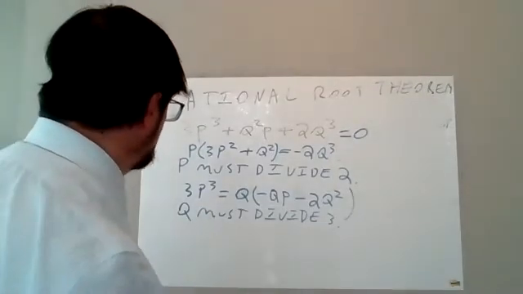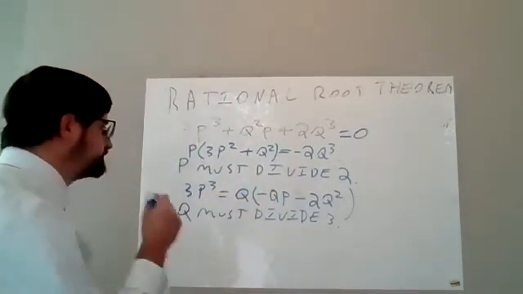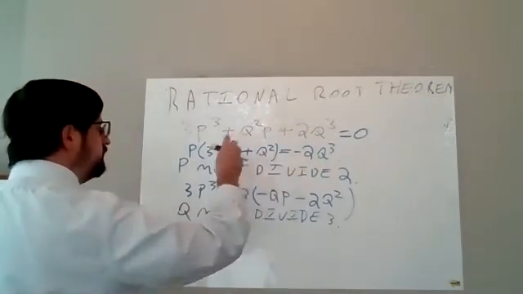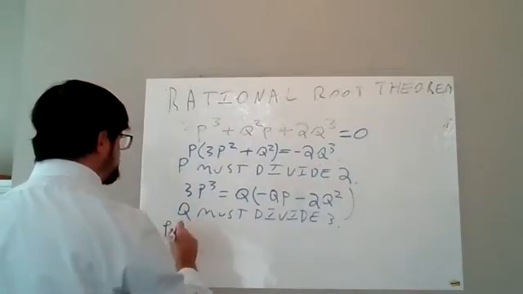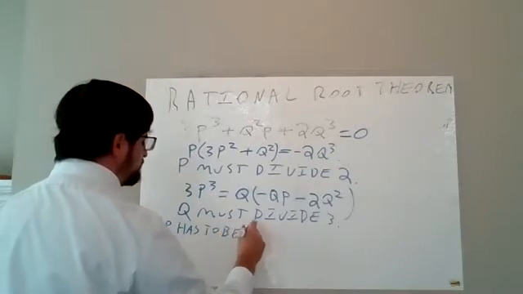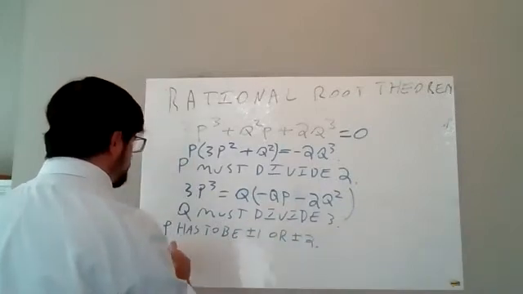Okay. So that means we have a very short list of possible values for p and q. The divisors of 2: p has to be plus or minus 1 or plus or minus 2.